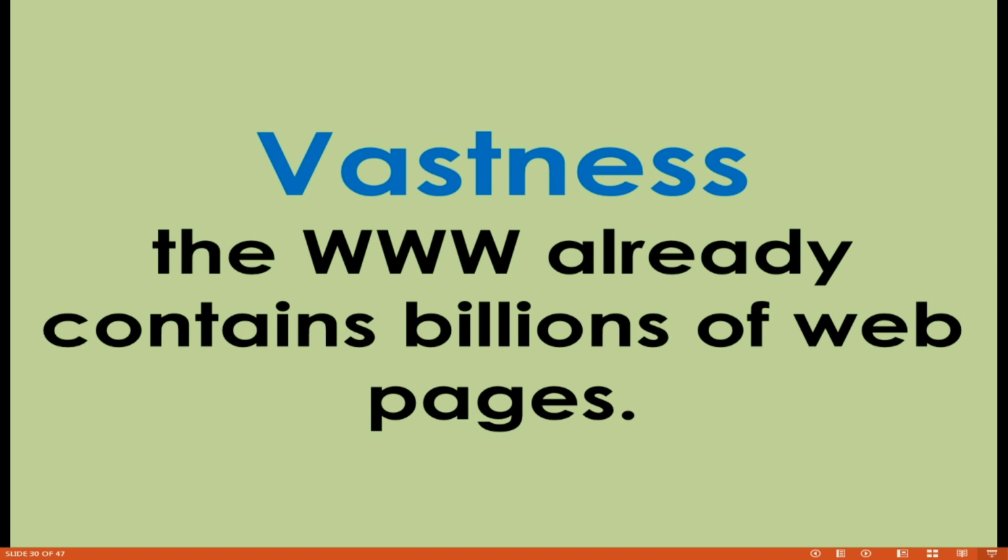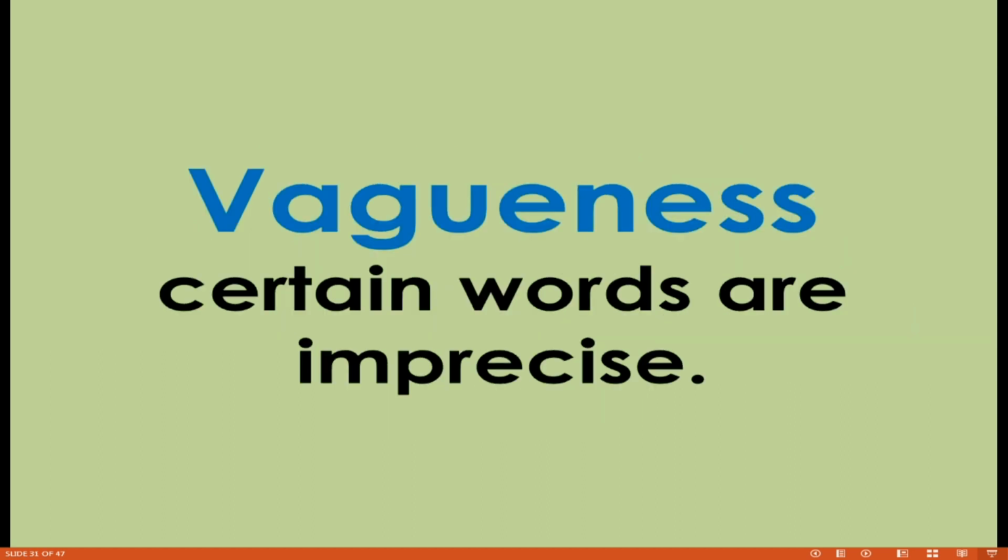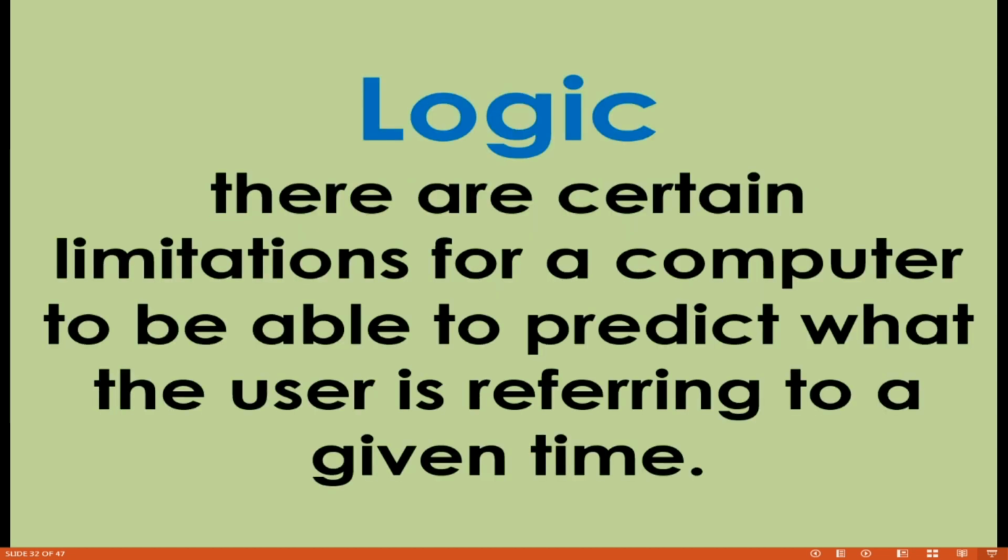Vastness. The WWW already contains billions of web pages. Next is vagueness. Certain words are imprecise. The last is logic. There are certain limitations for a computer to be able to predict what the user is referring to at a given time.